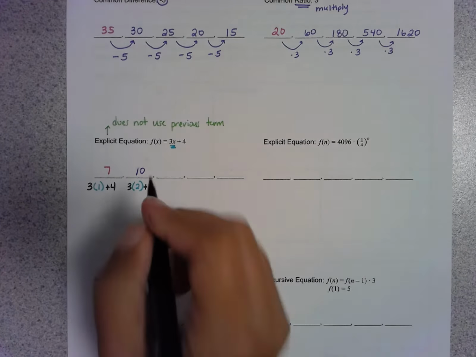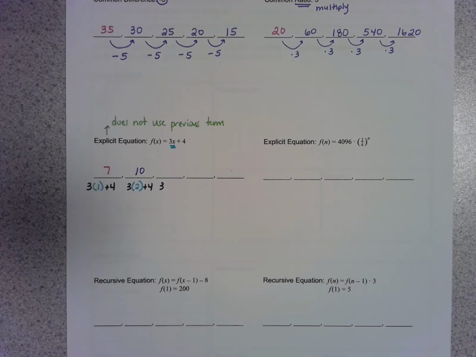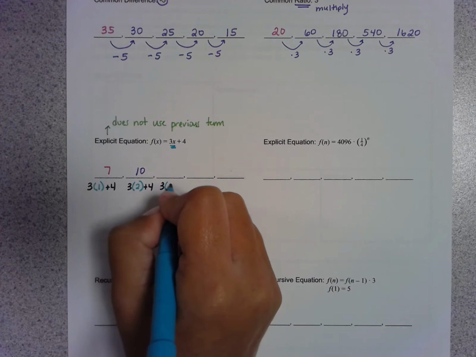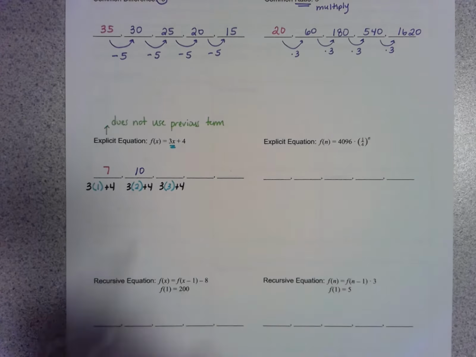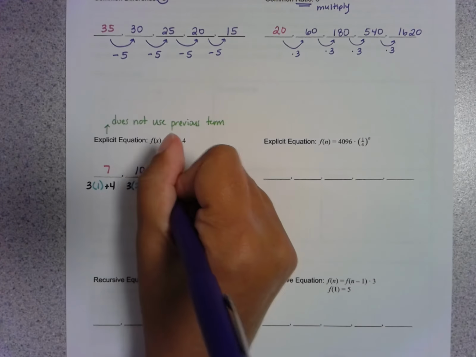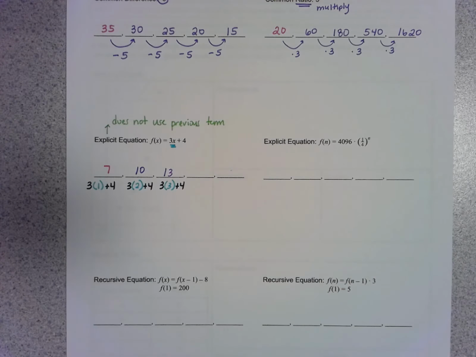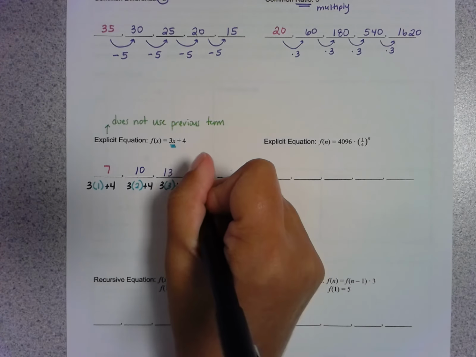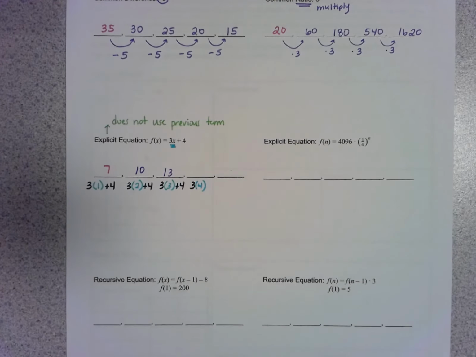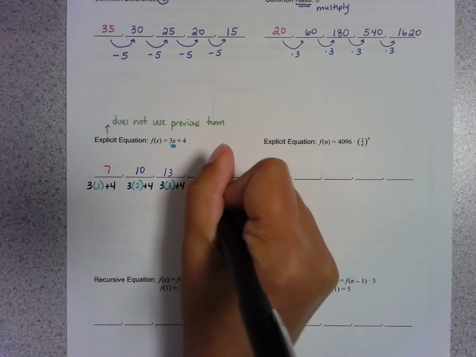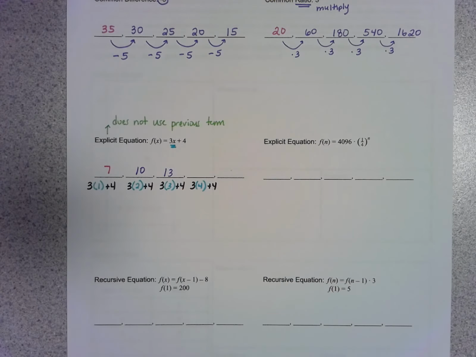Then to get the next number, I would plug in the number 3, which gives me 13. And to get the next number, I would type in the number 4, which gives me 16.